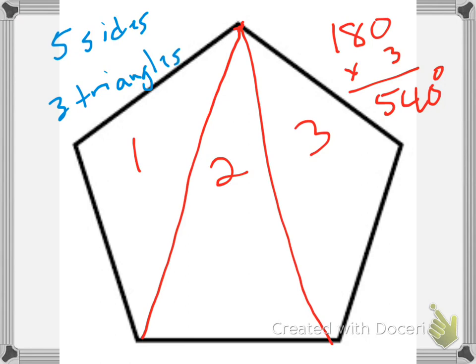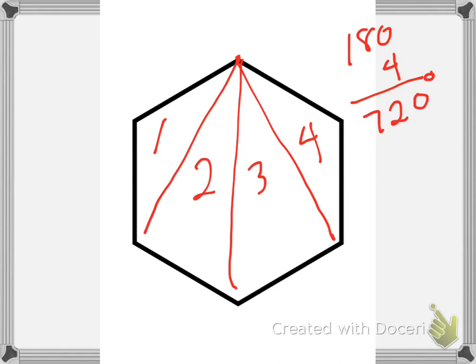Have you figured out what the pattern is? Or maybe even a formula? The hexagon has 6 sides, and it makes 4 triangles. Did you figure out the pattern?